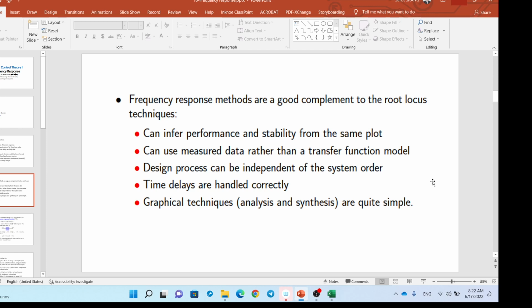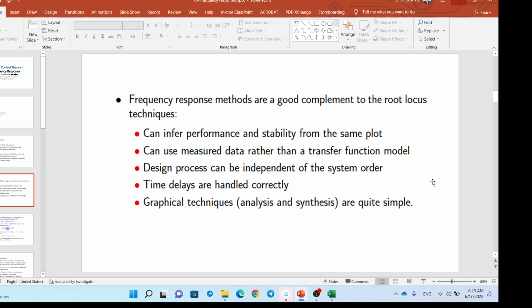Let's say you have no way to make mathematical modeling, but you just inject an input of sinusoidal waveform, and then you measure the output, and from the raw data you can construct some graph or compute something based on some method that you are going to learn. Then you can evaluate the stability of the system, and you can even find the performance metrics.